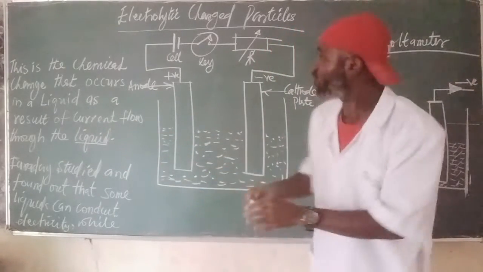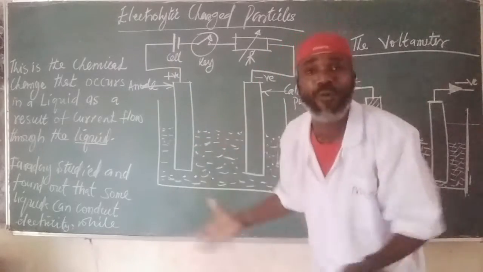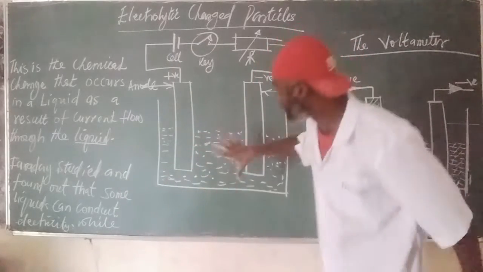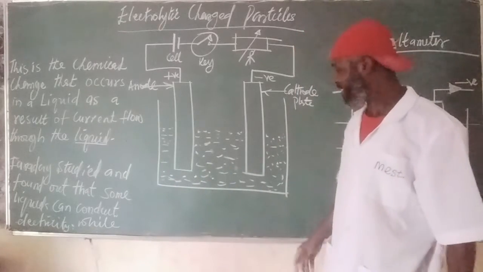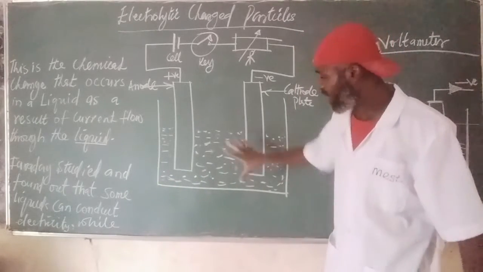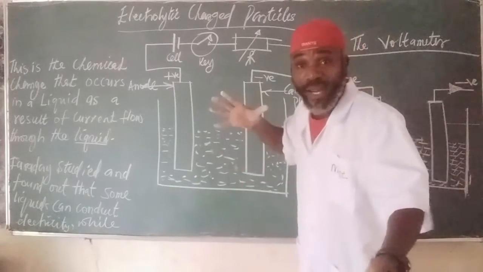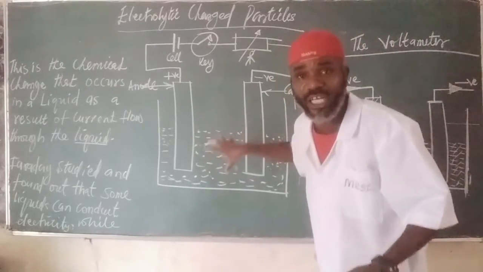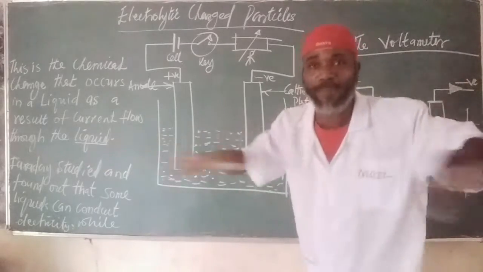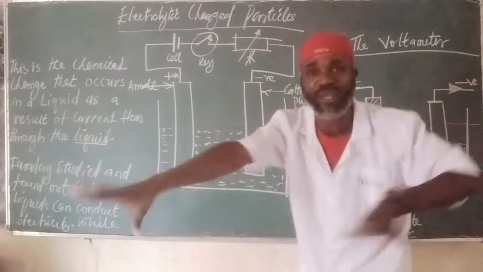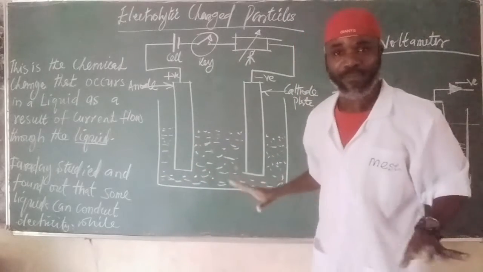And since there is no current flowing, there won't be any defined order. That's the cause of the random movement. If you understand that when the key is open, the particles or molecules of the liquid move randomly, darting about. They dart about because there is no orderliness.